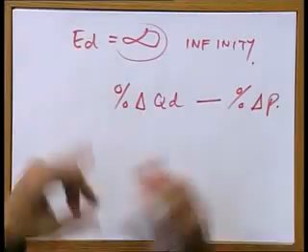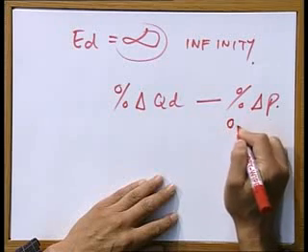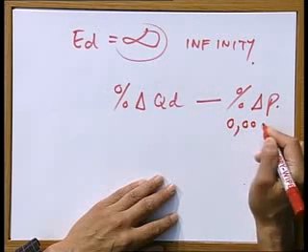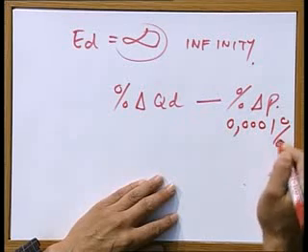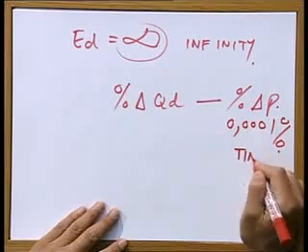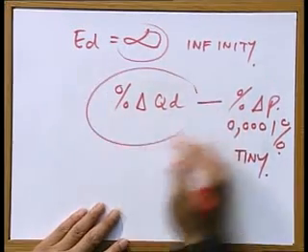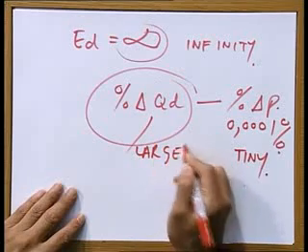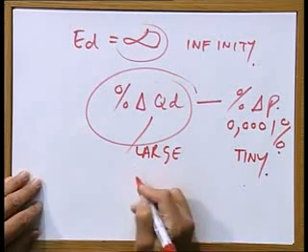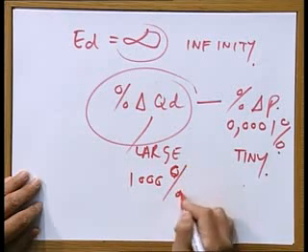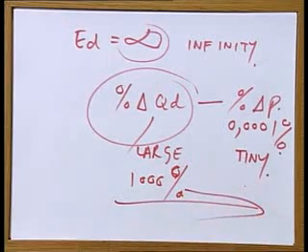Say, for example, in percentage terms, the price changed by 0.0001 percent. That is a very tiny change in the price. What will happen with the percentage change in the quantity demanded will be very large. It cannot be measured. It is infinite. It might be, say, 1,000 or 10,000 percent, and even more, which cannot be measured.